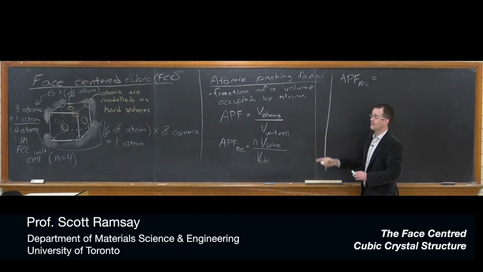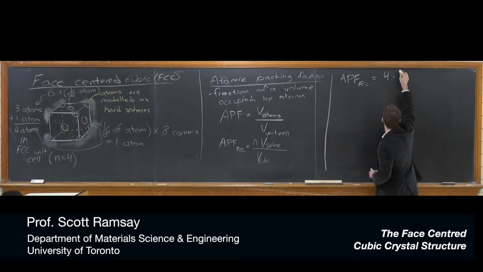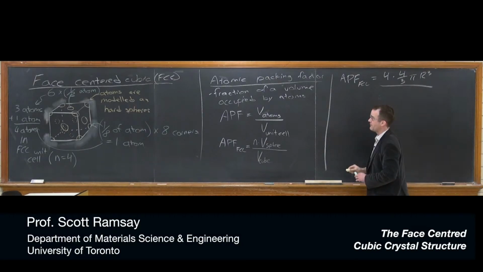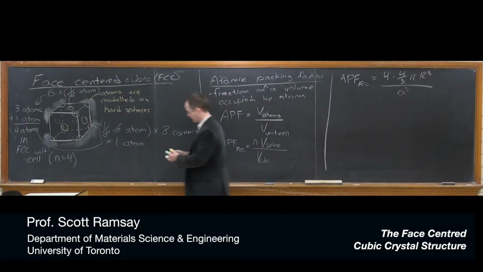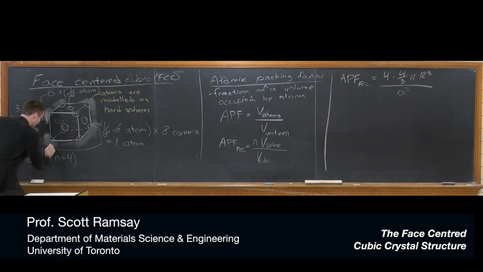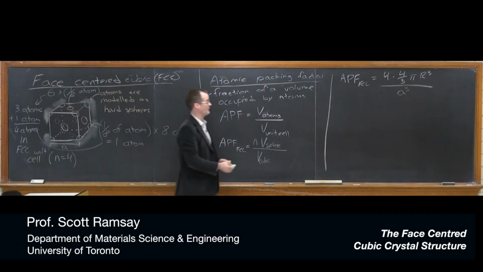So n, the number of atoms in an FCC unit cell, is of course just 4. We work that out. 4 times the volume of a sphere, 4/3 pi r cubed. And then divide by the volume of a cube. Well, the volume of the cube is a cubed, where, of course, I'll remind you, the lattice parameter is a, and it's a cube, so all the edges are the same length.